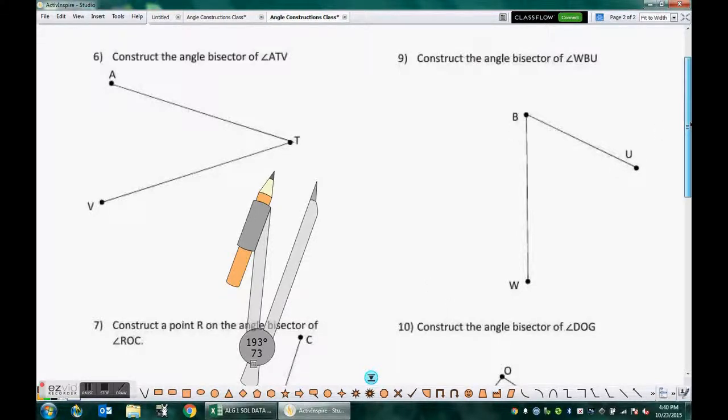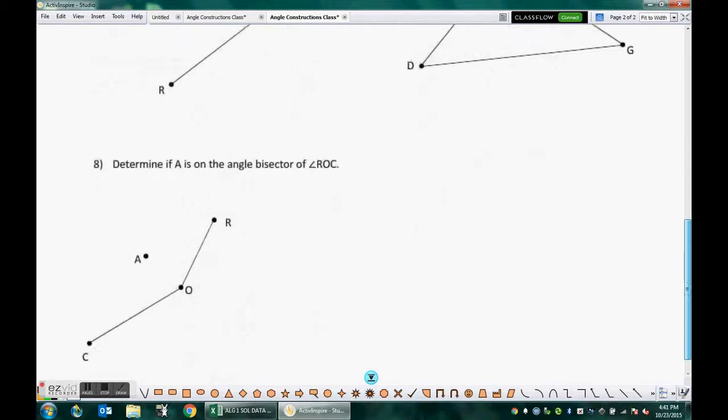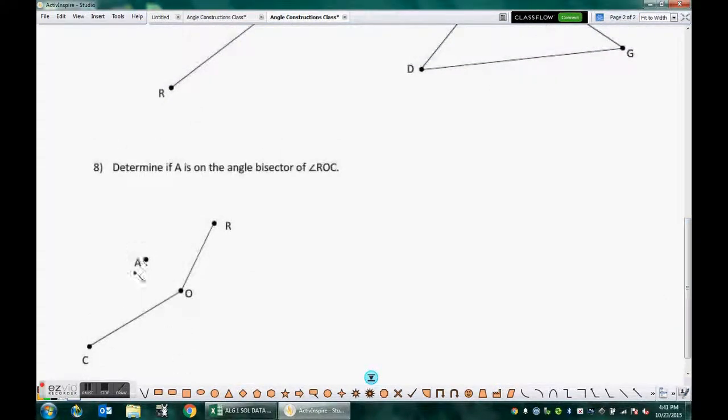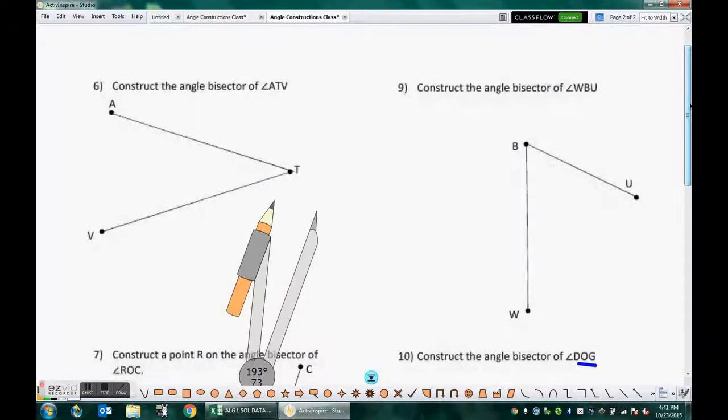Doesn't matter if I've just got the angles up there, if I've got a triangle. Remember, for this one, you'd be cutting the angle DOG, so that means that's the angle at O there. Okay. And for number 8, you'd be drawing the angle bisector and basically seeing is point A on that angle bisector that we draw later. So all of these are going to be the same construction.